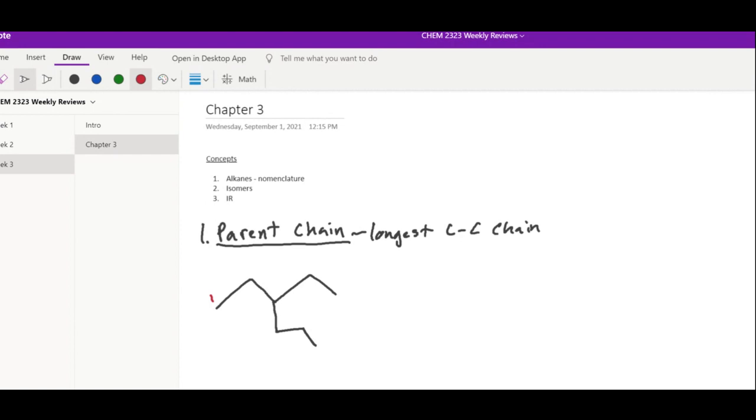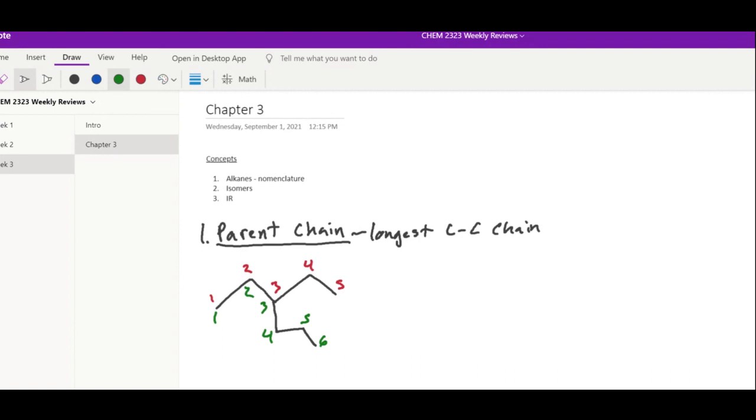So let's say I count from left to right. I'm going to count 1, 2, 3. Notice that at 3, I can go 2 different ways. I can either go left to right, or I could go left to bottom. So 1, 2, 3, 4, 5, 6.